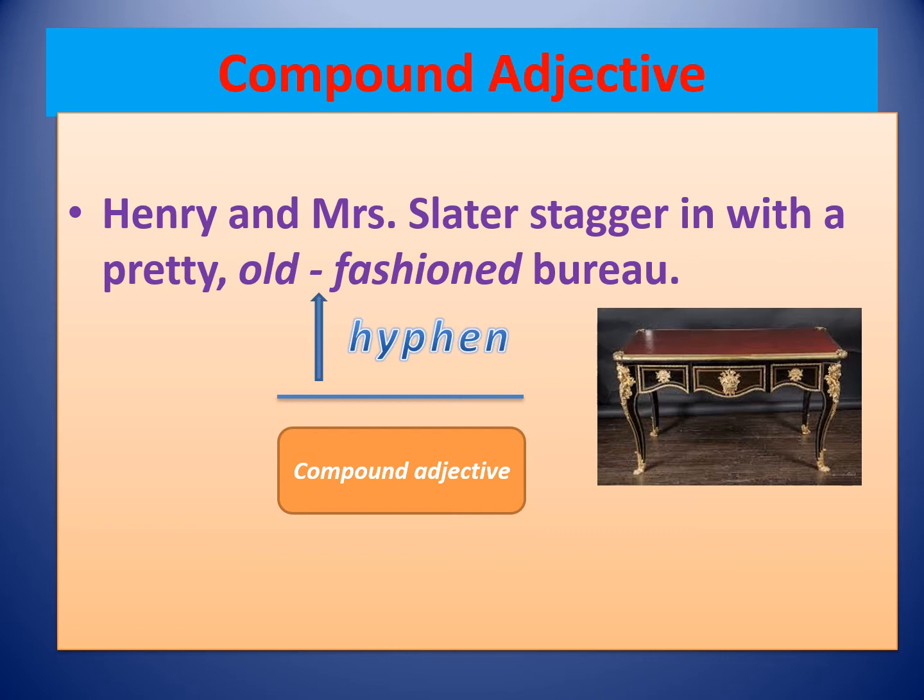Students, have you understood what is compound adjective? Compound adjective is an adjective that contains 2 or more words and joined by a hyphen. The 2 or more words act as a single idea.